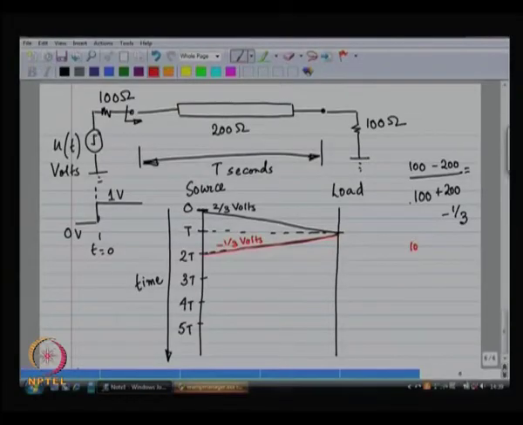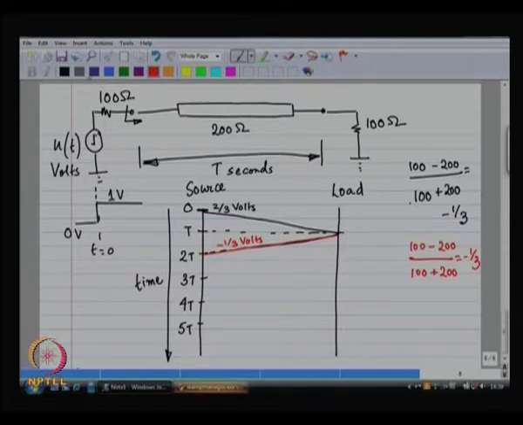Now, at the source the reflection coefficient has the same formula. So, it is 100, that is the resistance, minus the characteristic impedance by 100 plus 200. So, it is the same value, and as a result, I made a mistake.